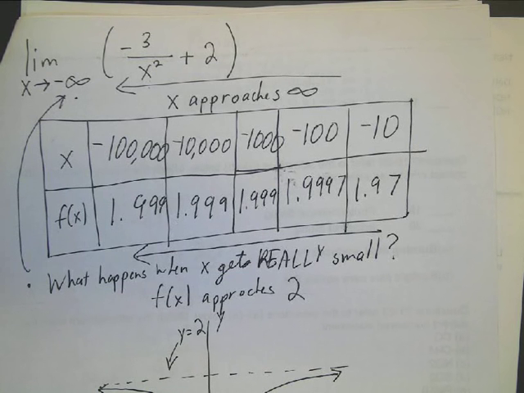Now, again, I'm all about intuition in this class. Let's look at this function. Why might it be getting closer and closer to 2? The y-intercept's 2, okay, good. Go a little further. Why would the limit to infinity make it 2?